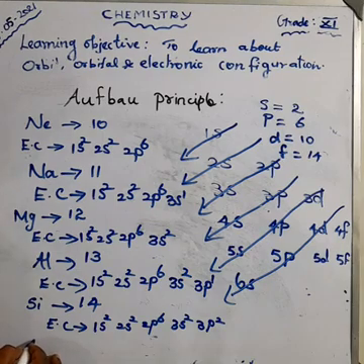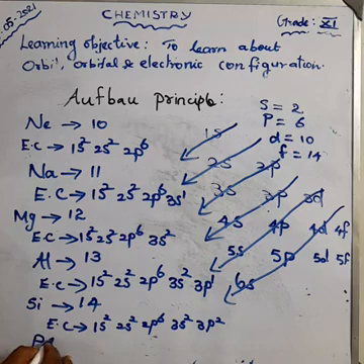And then phosphorus, atomic number of phosphorus 15.